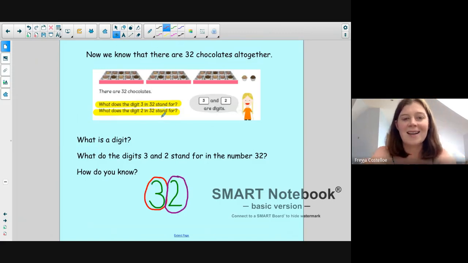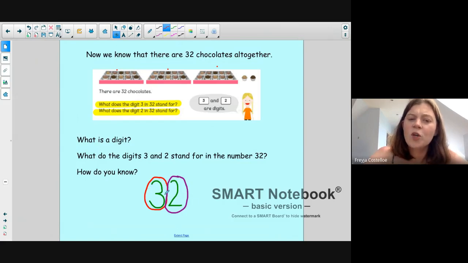What does it stand for? Okay, it stands for the 3 tens that we have here. Okay, so that is telling us, that number 3, that we have got 3 lots of tens.